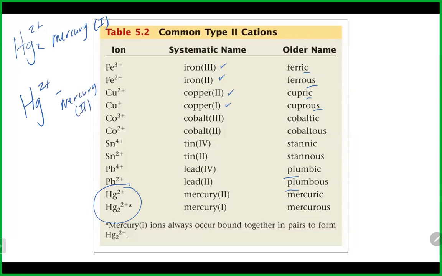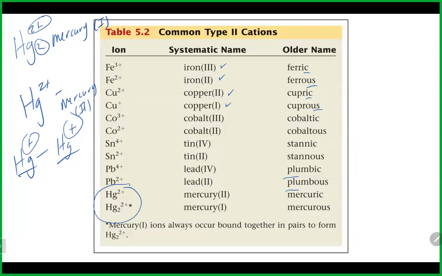That is because mercury(I) comes as a dimer, basically two 1+ ions stuck together. That's why overall it has a +2 charge, because they're each +1. And that's why there is a subscript 2 as well, because there are two of them stuck together. So mercury is kind of a weird one. When you see the most 2's, it's actually mercury(I), and when you see just one 2, it's actually mercury(II).